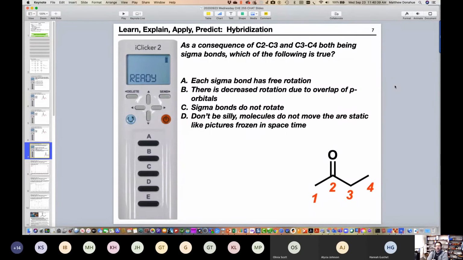As a consequence of C2, C3 and C3, C4 both being sigma bonds, which of the following is true? So yeah, the correct answer is A. Each sigma bond has free rotation.